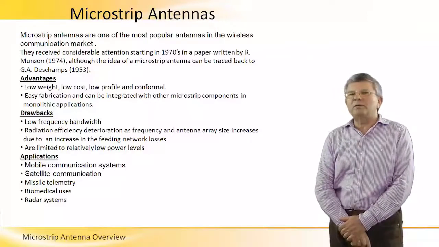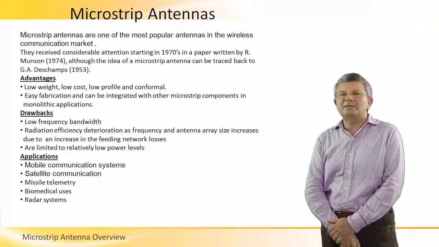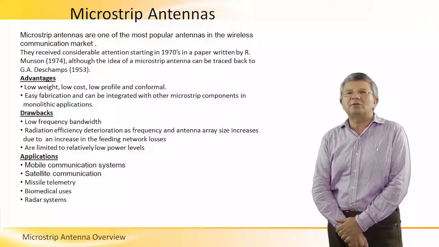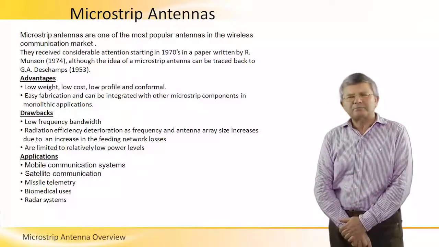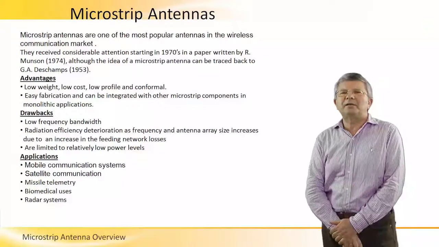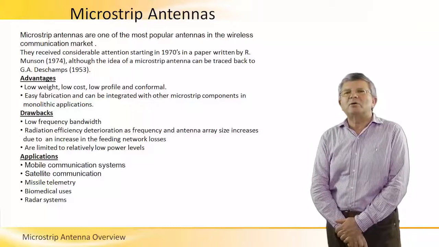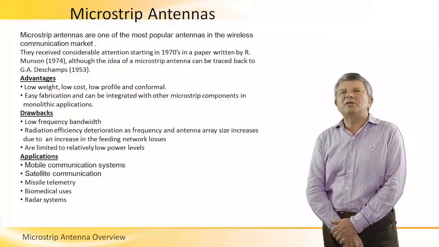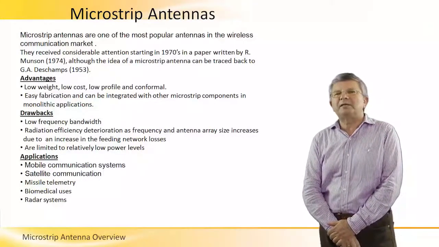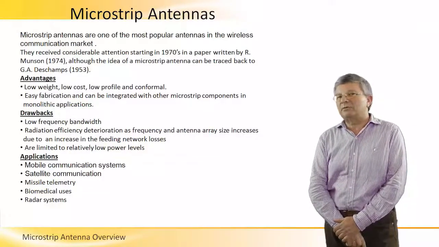Again, this kind of drawback can be traced back to the initial design of microstrip antennas, but in recent years significant breakthroughs have also been made on this drawback, and we can see today designs based on waveguides or hybrid waveguide and microstrip lines or parallel plate waveguides in which the network losses have been minimized dramatically, and we can obtain high efficiencies even at very high frequencies up to 30 or 40 gigahertz.